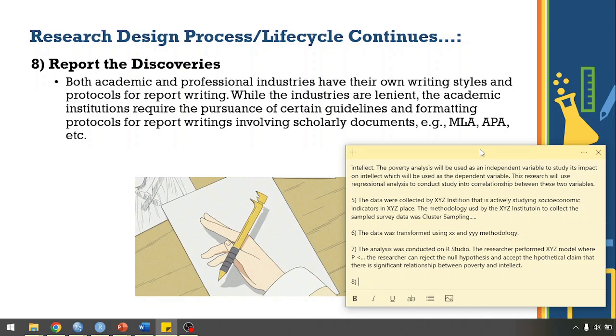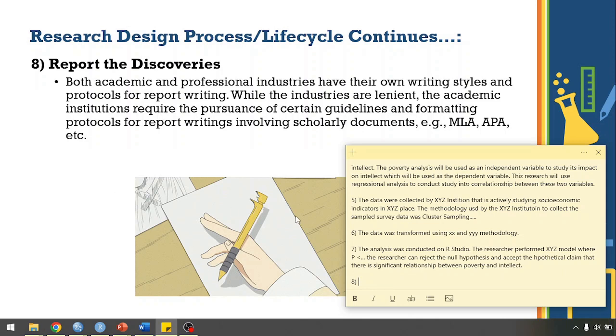A lot of industries are lenient toward however you write the report, as long as you're able to convey your analyses professionally. But academic institutions are a little bit strict with certain guidelines and formatting protocols that need to be followed, especially MLA, APA, and stuff like that, which I'm sure you're familiar with. So keep that in mind while you're writing your report in step 8.